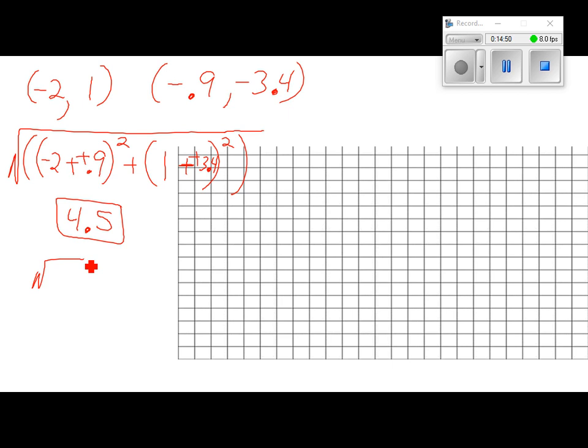So I hit second square root, parenthesis, another parenthesis, -2 plus 0.9, close the parenthesis, squared, plus parenthesis 1 plus 3.4, close the parenthesis, square it again, close the parenthesis. There you go. Did it give it to you, Sandra?